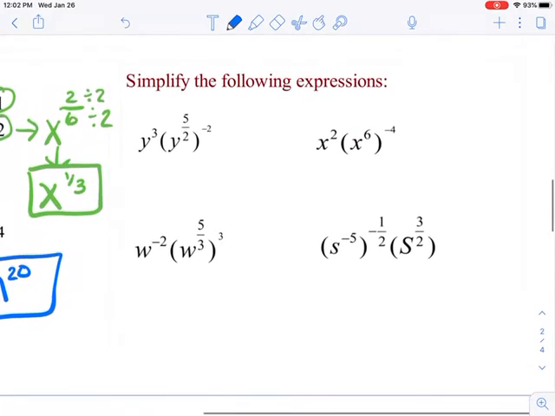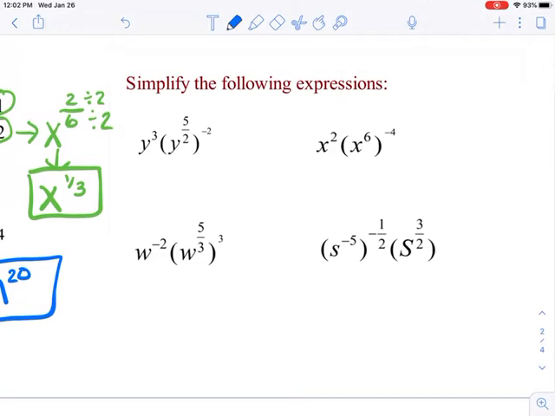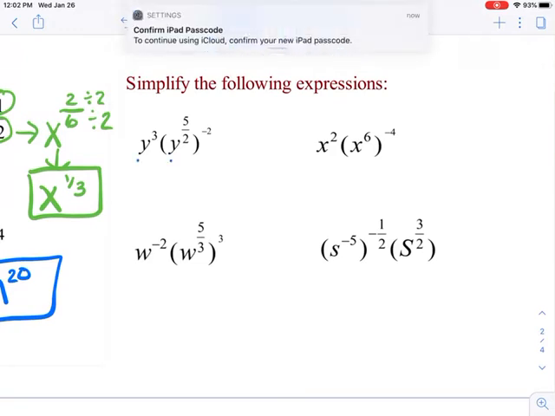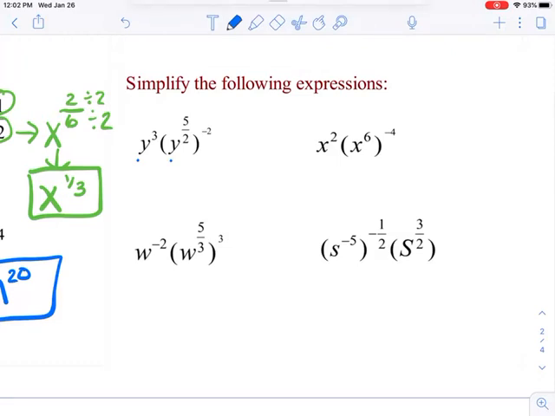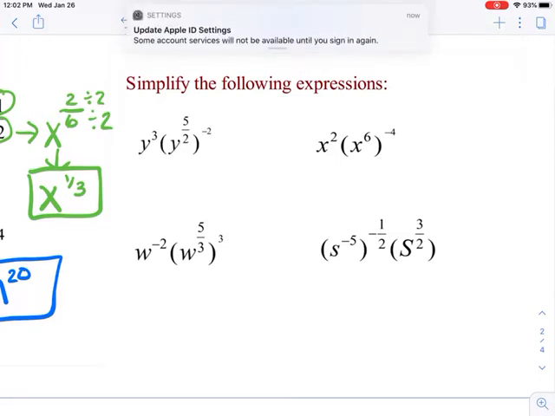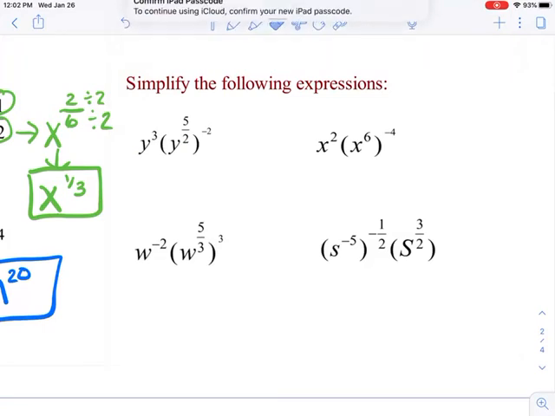So here's where we're combining some rules together. Notice I have some multiplying of things with the same base, but I also have raising to a power. So this goes through PEMDAS, right? We have to do the power to power stuff first before we can do any multiplying. That's basically, we're multiplying our exponents right before we would go ahead and add them.